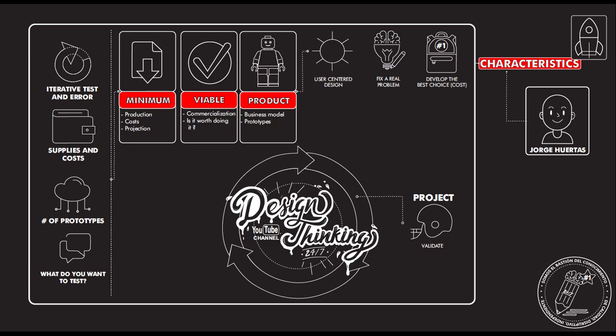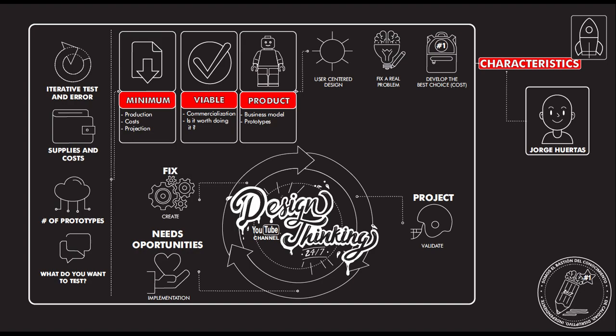So always remember, you start validating the minimum production, cost, and projection. You need to have a specific cost. If someone asks you how much this costs and how you make it, you need to know that every single time. Then you need to know that you are focused on a real need, and the development that you are making is really helping someone to have a better life.